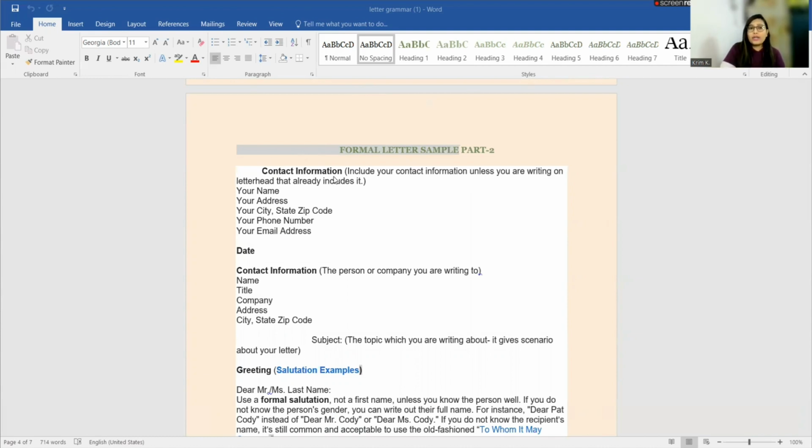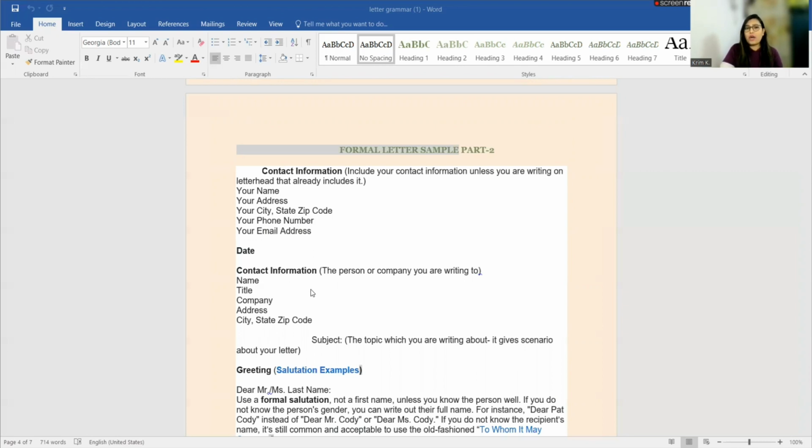For the contact information, include your contact information unless you are writing on letterhead, which already includes it. Your name, your address, your city, state, zip code, your phone number, your email address, and the date when you write.